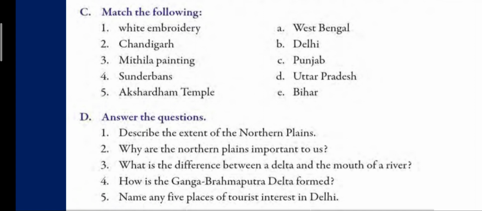And the last question is, name any 5 places of tourist interest in Delhi. This is very easy children. I have taken out the simplest and the easiest terms that were very easy for you to learn. But if you want to write any other example, you can write it from the portion where we have read about Delhi.